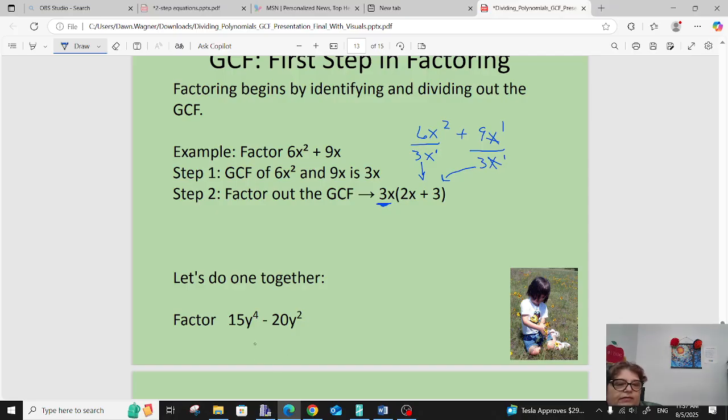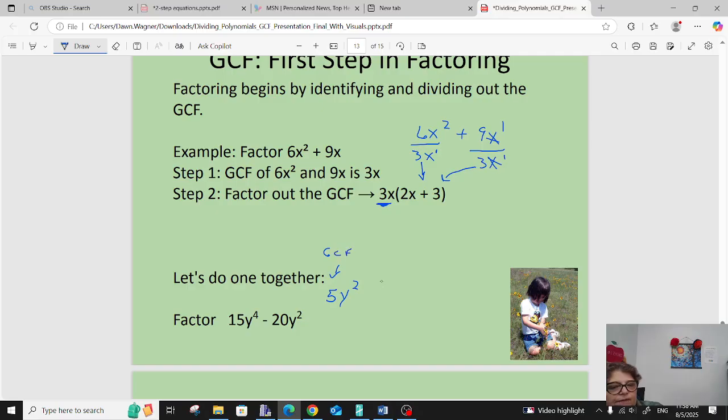So over here, let's look at this one. 15 and 20. What's the largest number they both have in common? 5, right? And what's the lowest exponent? Y squared. This would be the GCF.